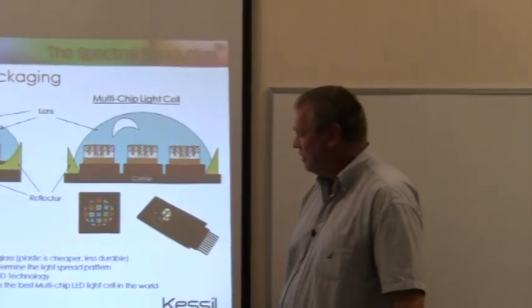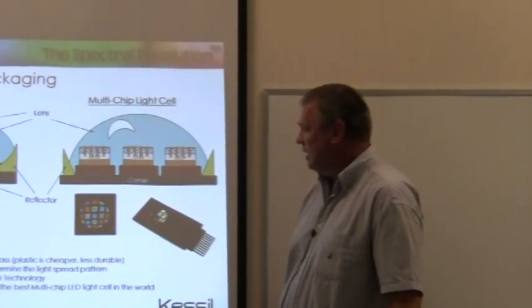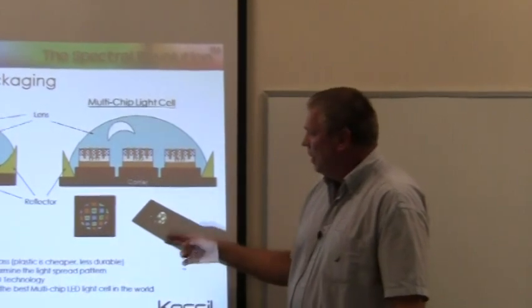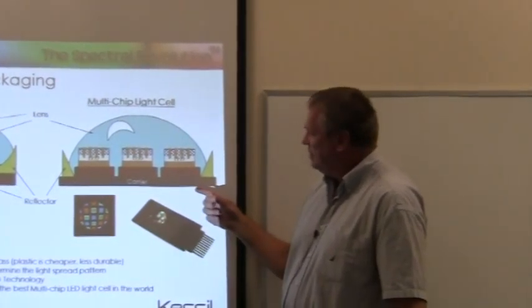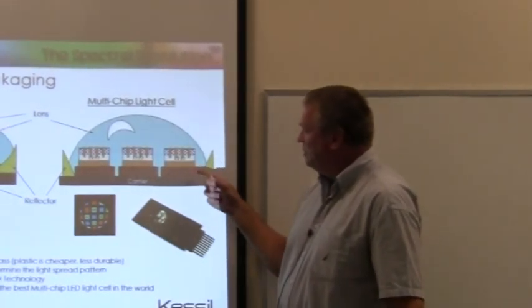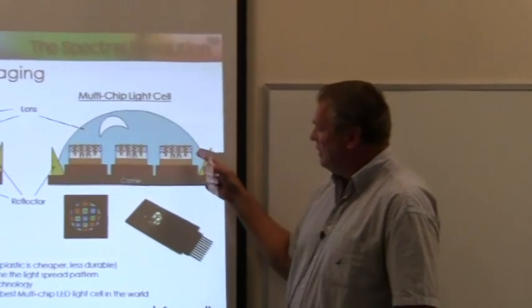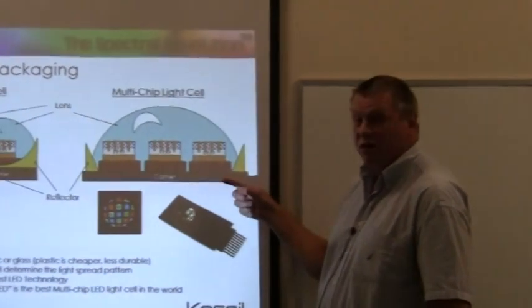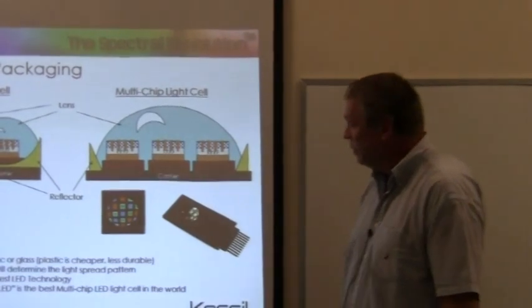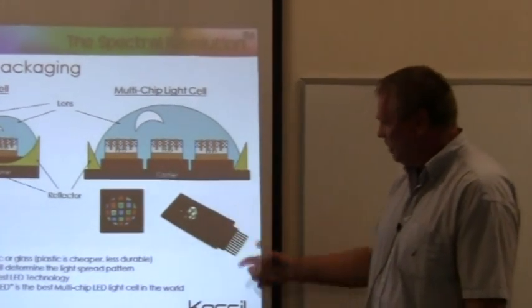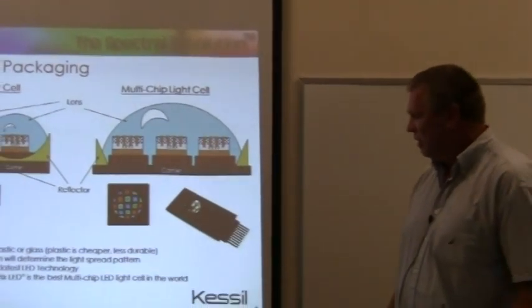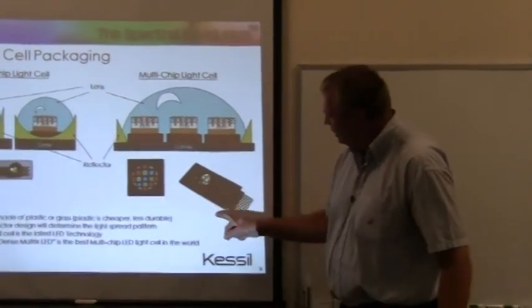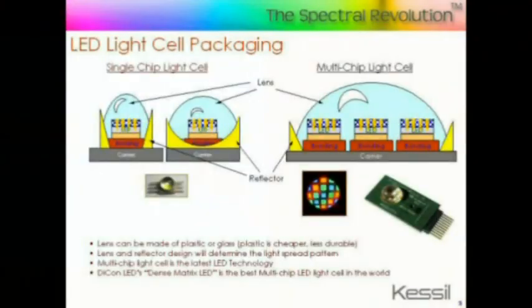So the lens is made out of high quality optical grade glass. Underneath, as mentioned in the last slide, a metal bonding process is used to cement or attach the LED chips to the carrier, and the carrier itself is primarily made out of metal. So again, there's tremendous thermal transfer out the base of the product. And this shows a completed array, in, again, a 21 chip array in this example.